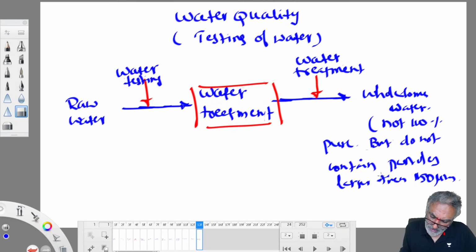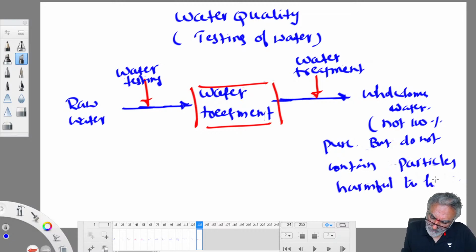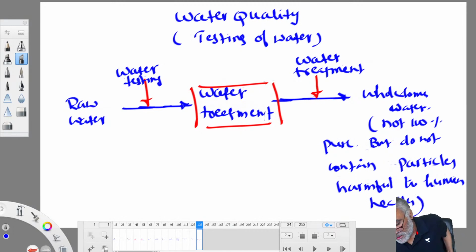Do not contain particles which are harmful to human health. Could be any particle harmful to human health. They are called wholesome water.